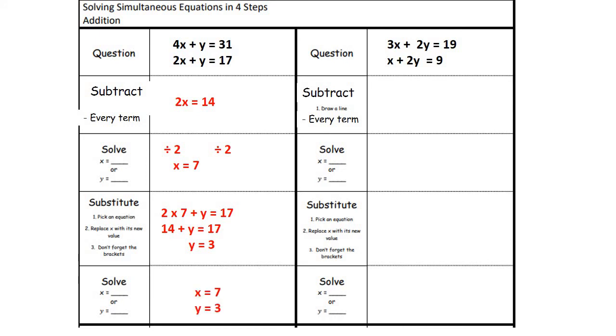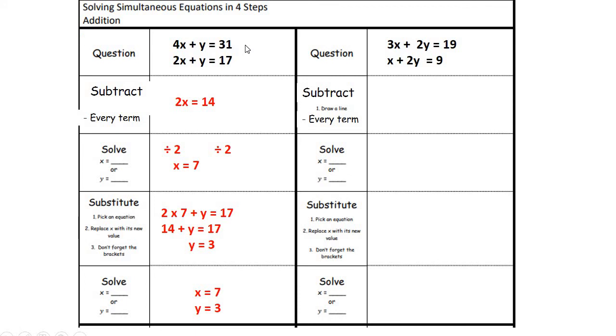Once you've got your final answers, to double check you can substitute x equals 7 and y equals 3 into the other equation. So in this first one, 4 times 7 is 28, plus y, which is 3. 28 plus 3 is 31, so that's correct.